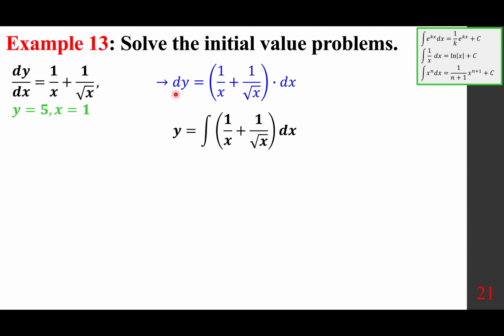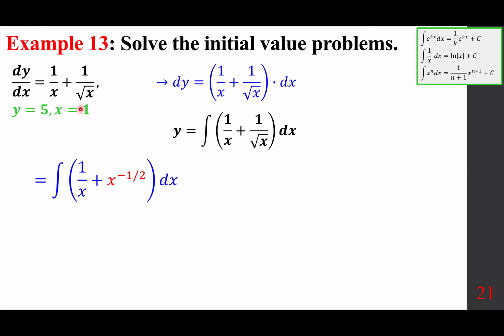The integral of dy becomes y. So we are going to integrate. And that's something, again, we have done. Both pieces have been already done. We're going to go over them again. So this one, we just rewrite it as x to the power of 1/2, bring it up, make it negative 1/2 to make it ready for the power rule.